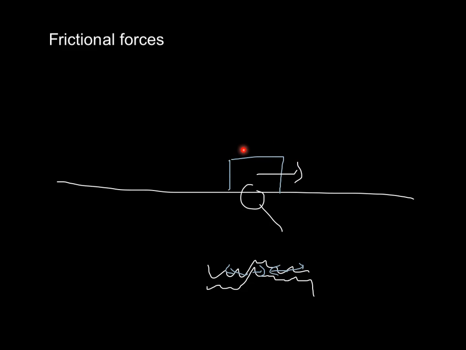Now, while this is not moving, we call this static friction forces because there's no movement. However, once this thing starts moving, then the friction force gets highly reduced, and the reason is that there's air between here and here now, and therefore the forces between these little bumps are a lot less. So the friction becomes kinetic, or dynamic, or kinetic, sorry.